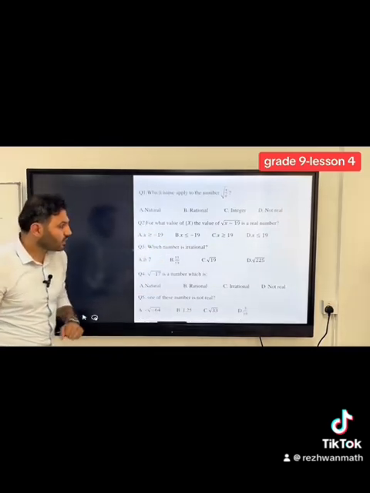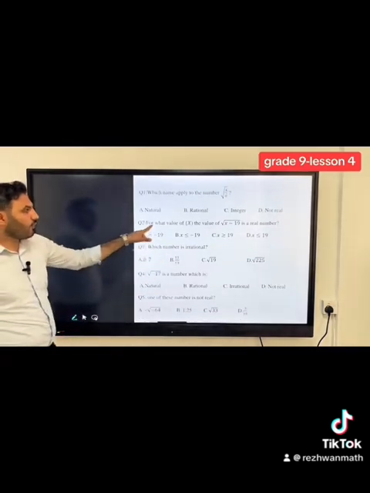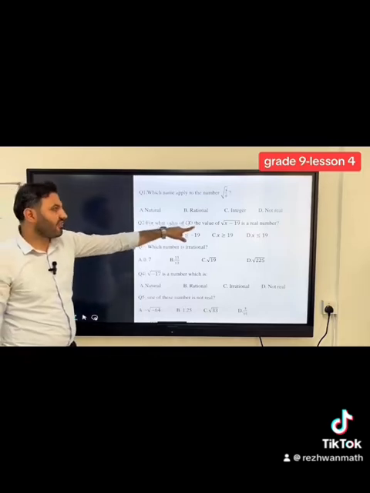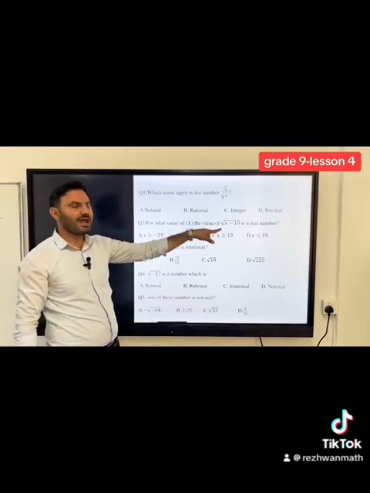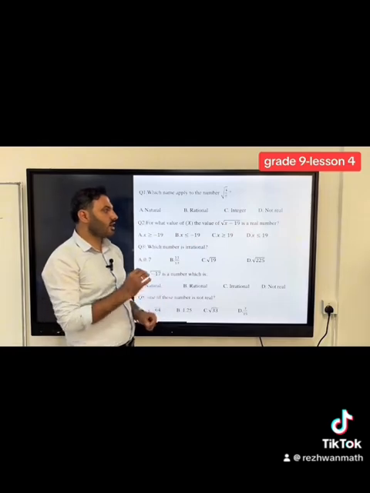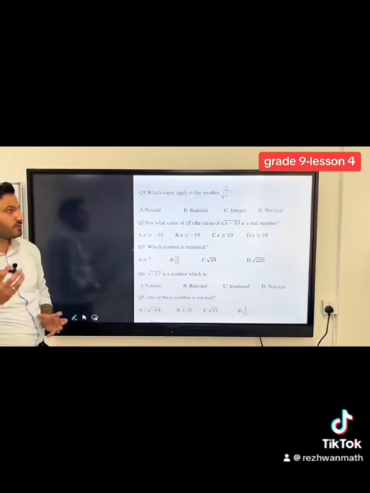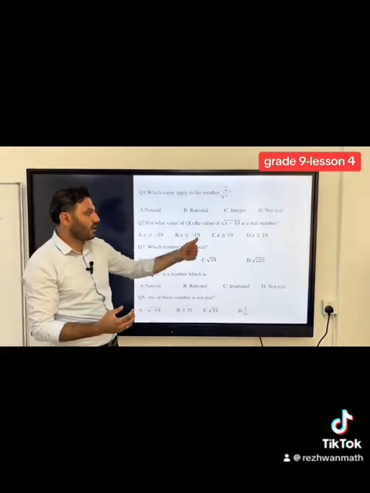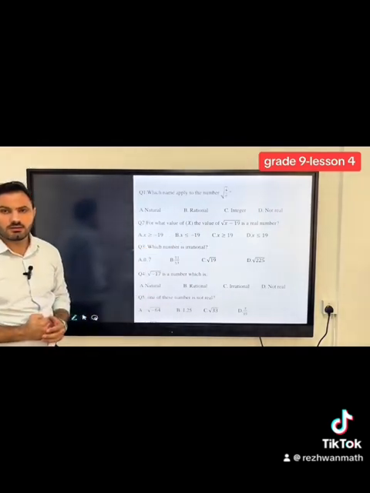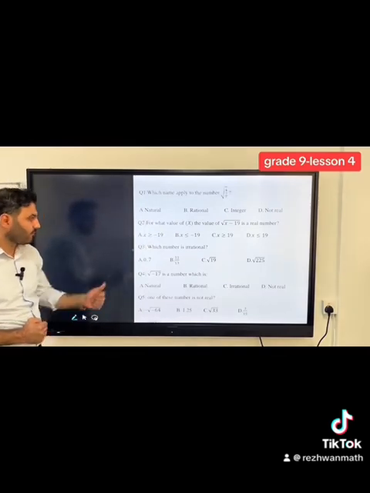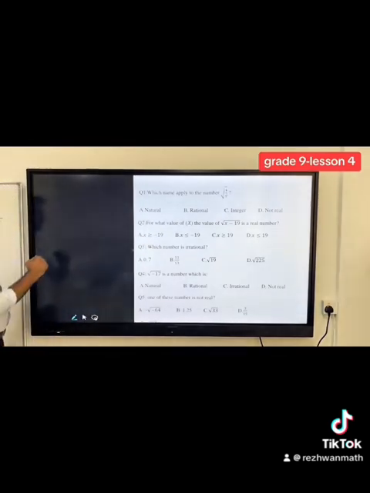And look at question 2. For what value of x is the square root of x minus 19 a real number? Let's test A: x greater than or equal to negative 19.